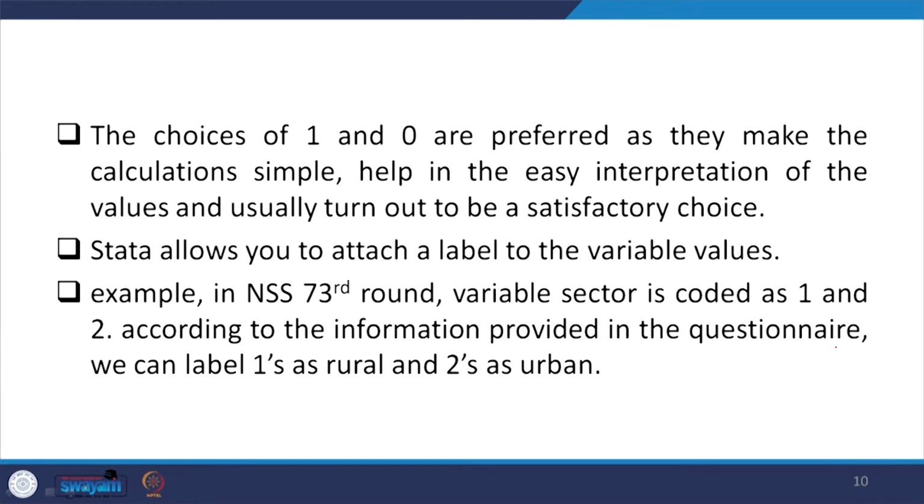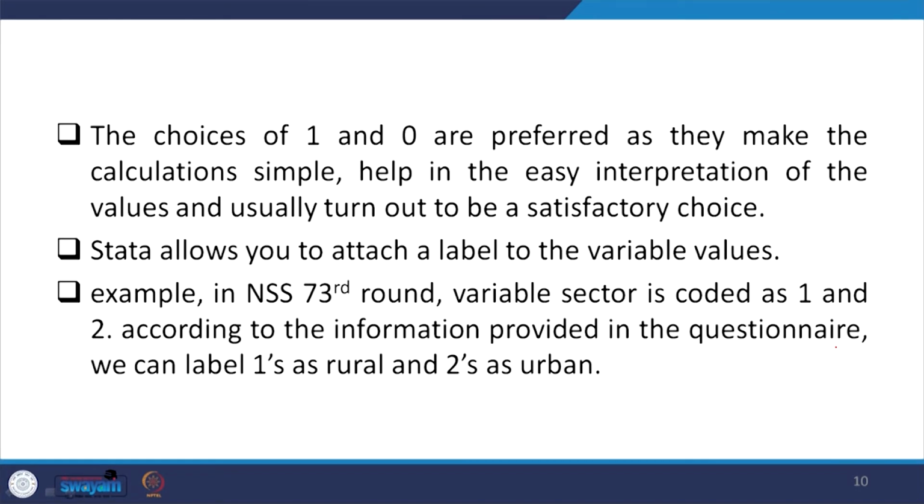In Stata, you can attach a label to the variable and its values if it is a dummy. For example, in the National Sample Survey 7th round on unorganized enterprises, we discussed variables such as sector with code 1 and 2 that represent rural and urban.